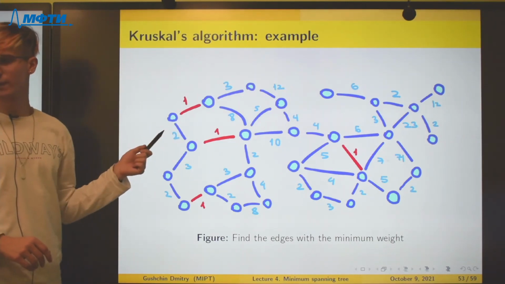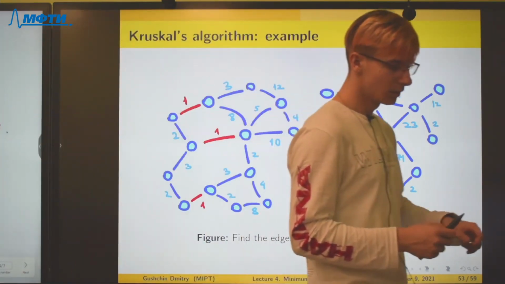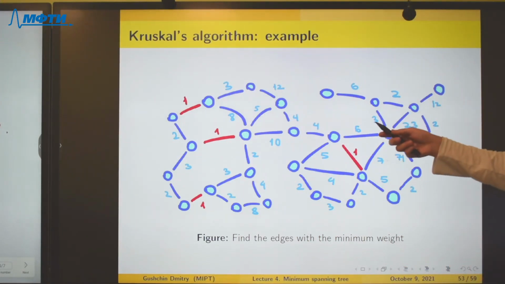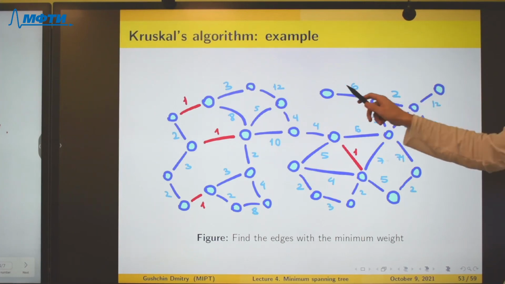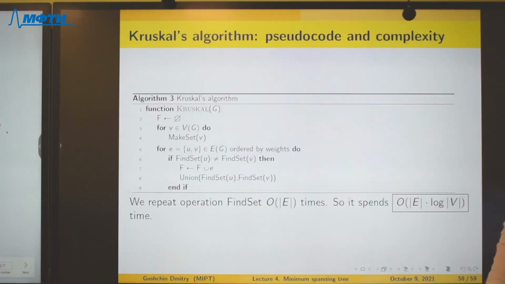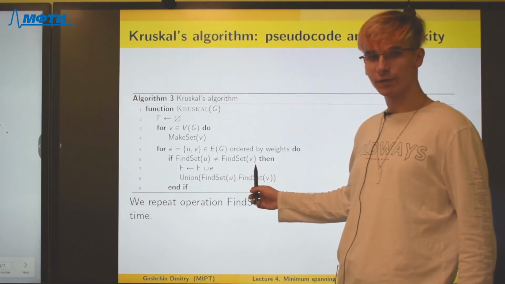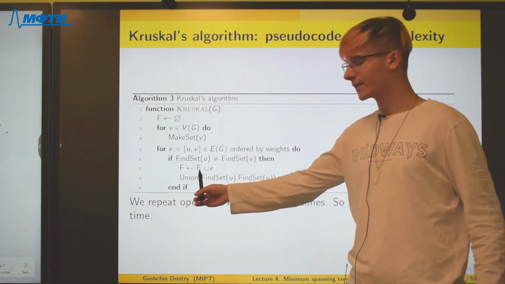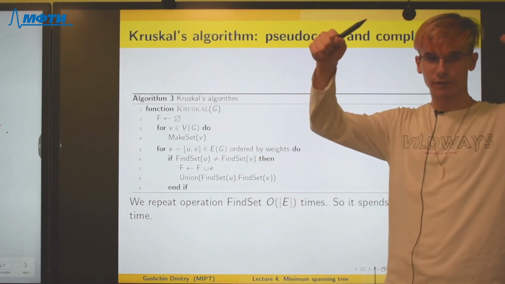So we add this edge to our tree, and we union these two sets. If they're in different components, we add this edge in the tree, and we union these two components.